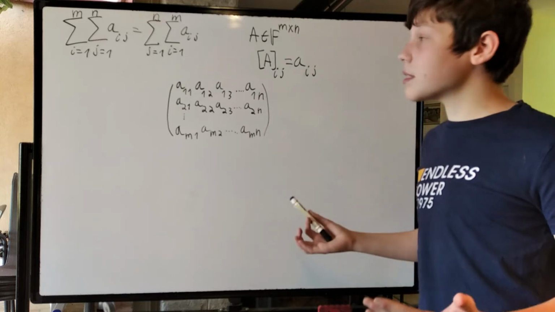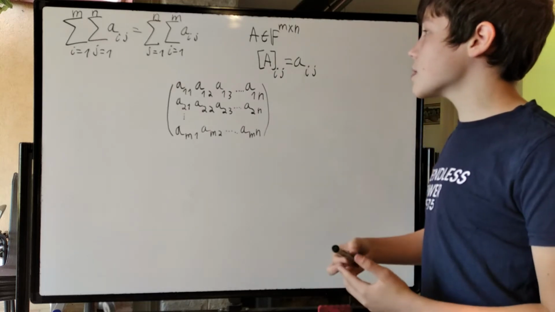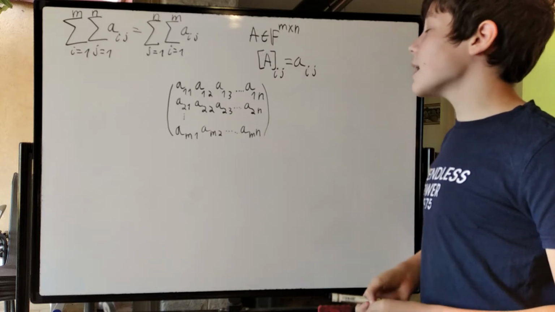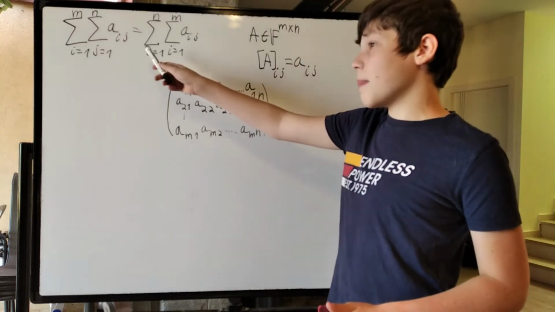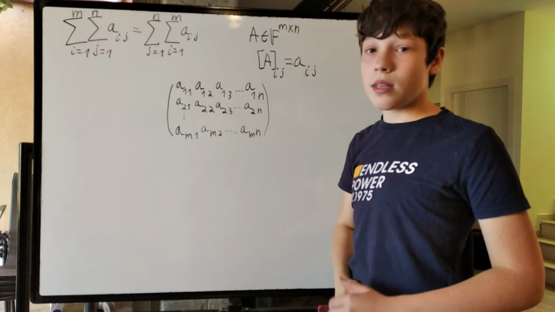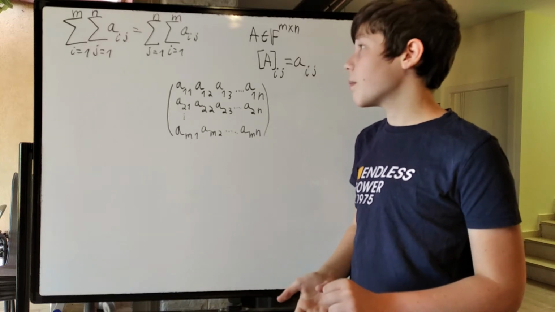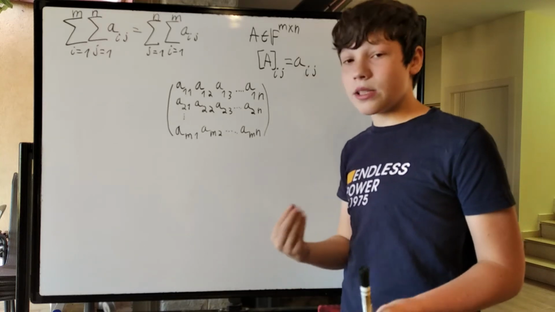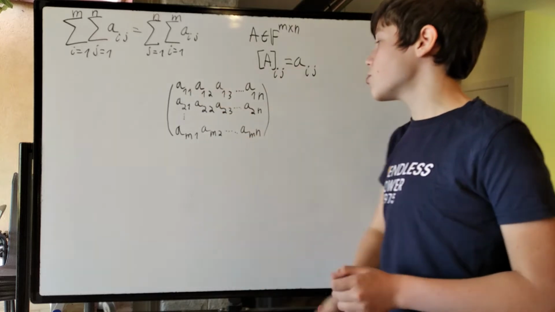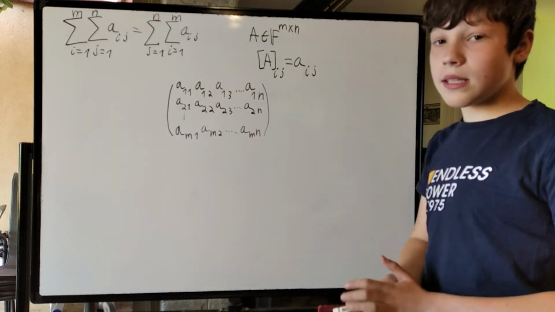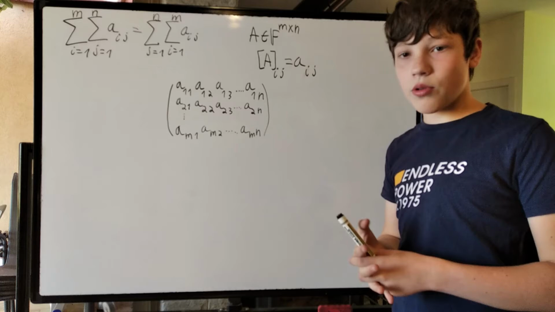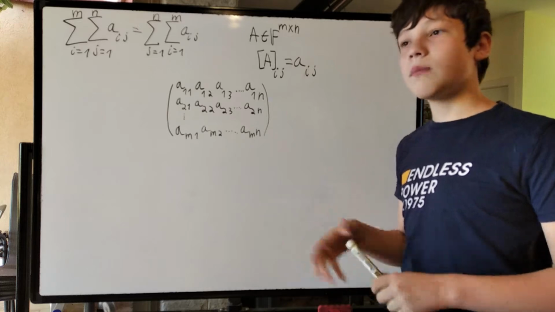Either way we put the sums, we're summing all the terms in the matrix, meaning that these two sums are equal. So this is more of an intuitive way to see why this is true. Now let's go back and prove our property.